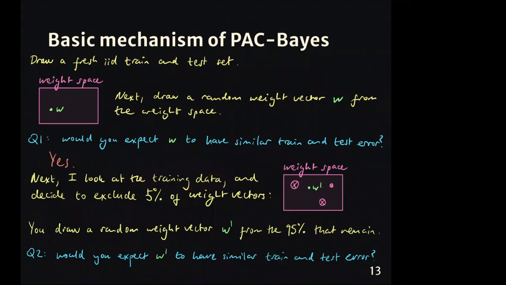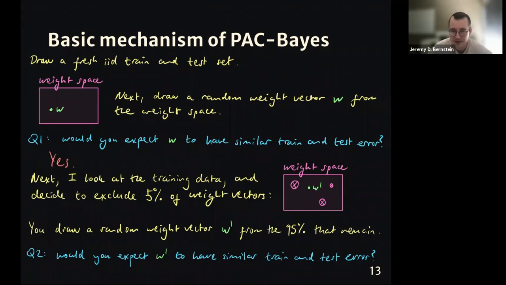It's pretty clear in this case that's no, because you could basically try this adversary, you could try every single possible weight vector and eliminate the weight vectors that have the closest difference between the train and test error. And now what we're left with are weight vectors for which there'd be higher train and test error difference. Yeah, so it can definitely increase.